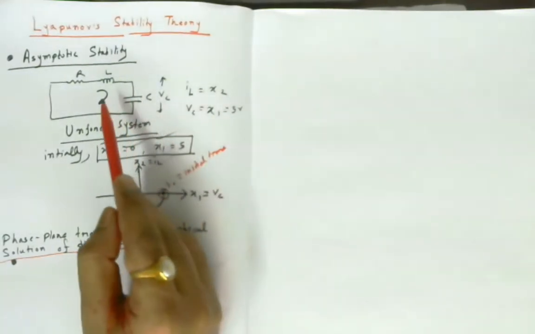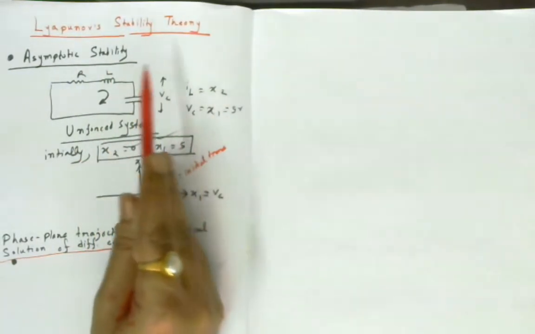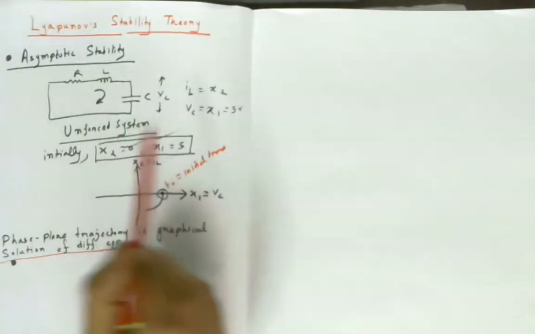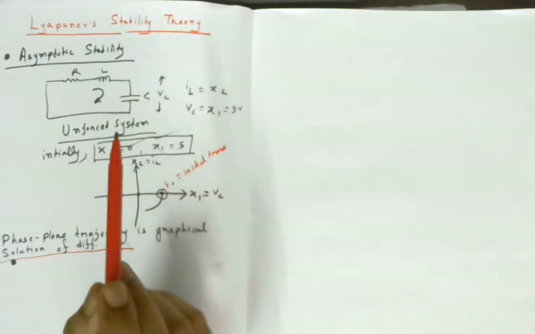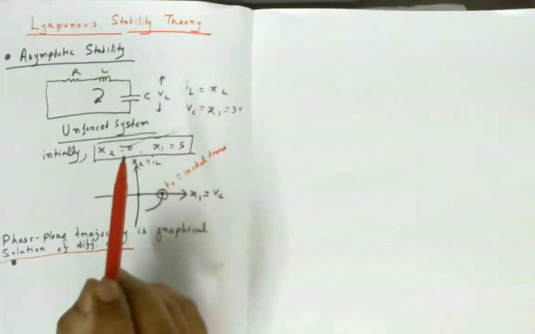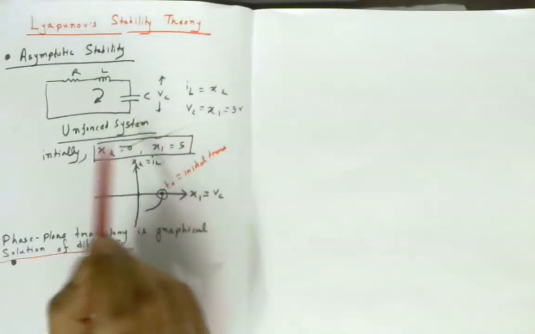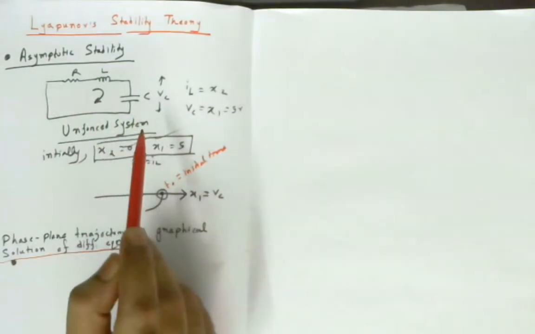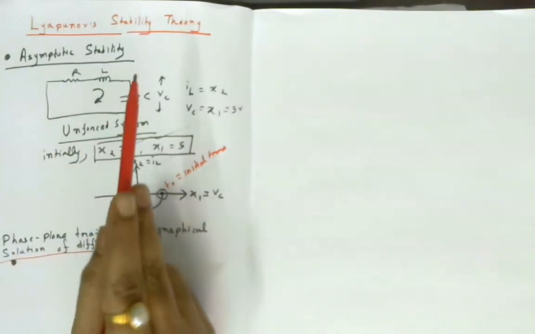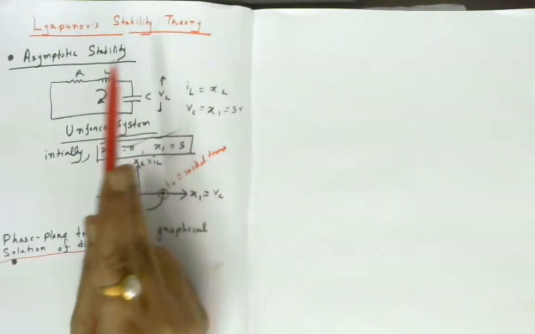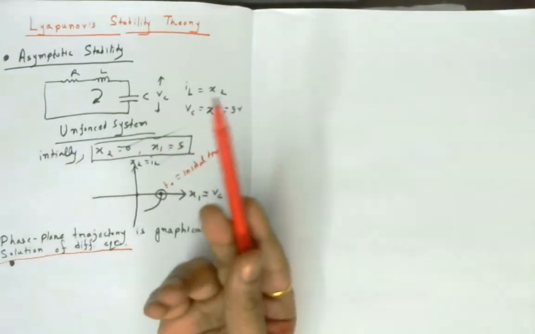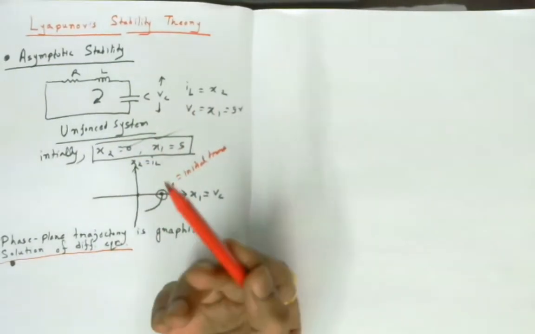Similarly, what will happen to the energy of the system? That's what I want to say here: asymptotic stability is the case for an unforced system, and asymptotic stability with respect to Lyapunov stability theory is actually finding out what will happen to energy when time tends to infinity.